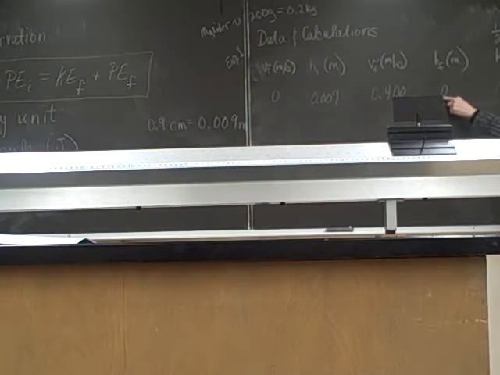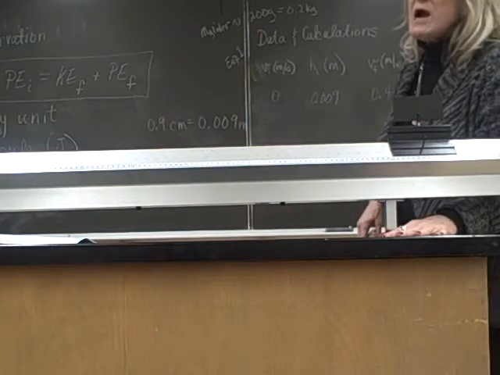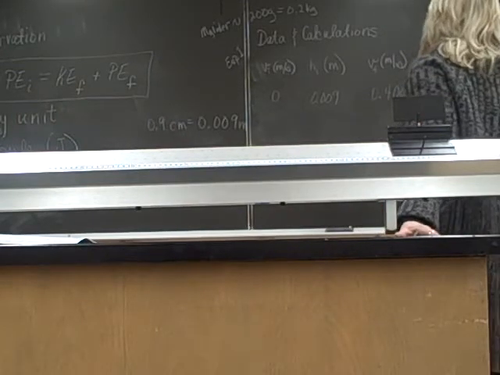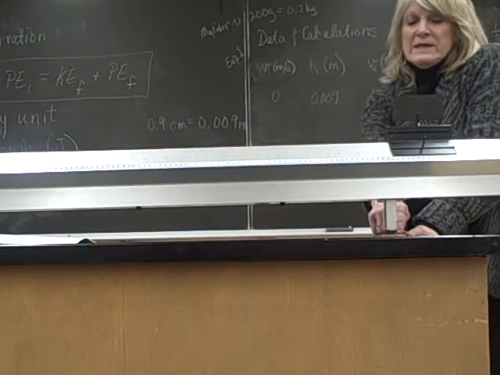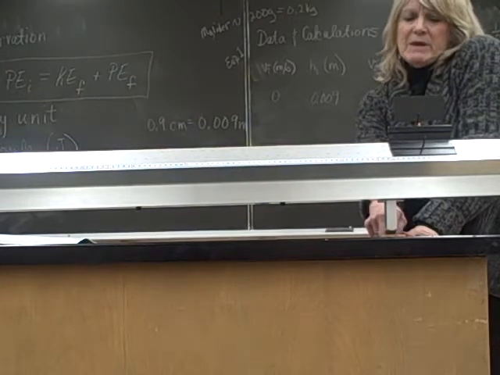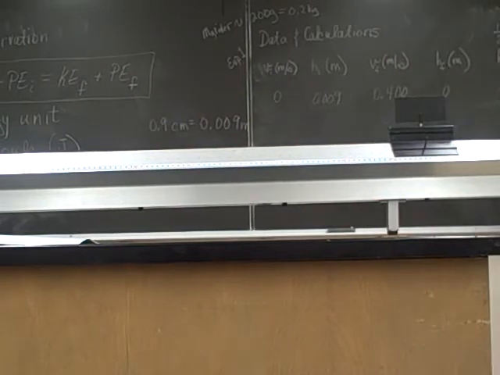That's what we're calling 0, because the top of the air track, the one-footed end, is going to be 0.009 meters above the two-footed end. So it's 0. And what's the total energy final? Well, it's the sum of these two, KE final plus PE final, and it's 0.016.